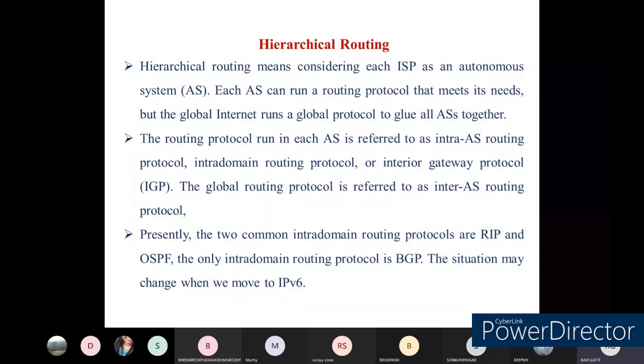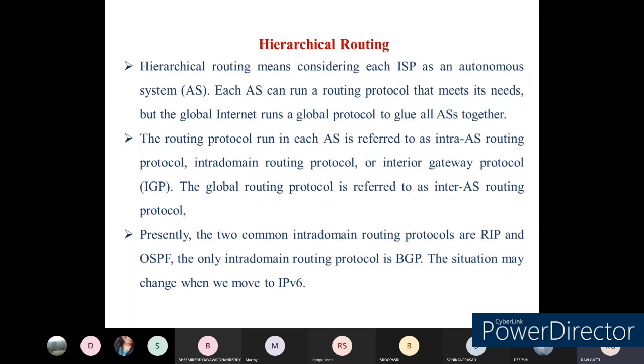In this routing algorithm, the routing protocol which you run on each autonomous system is referred to as an intra-AS routing protocol. The routing protocol which you run on each autonomous system, that is, each internet service provider, we call an intra-autonomous system protocol.